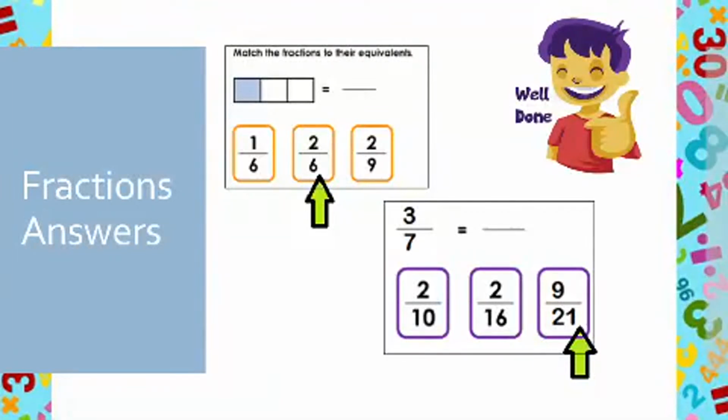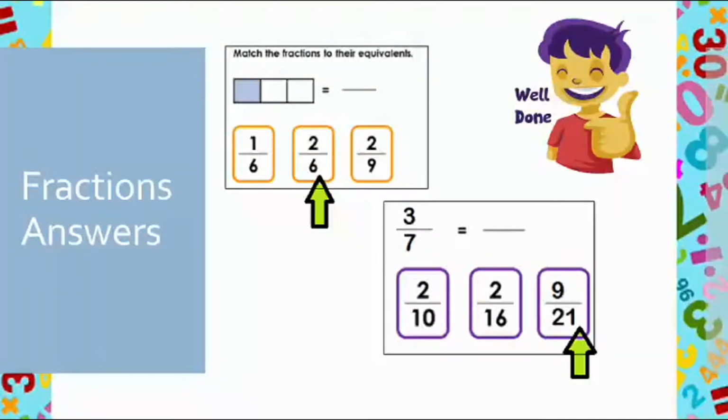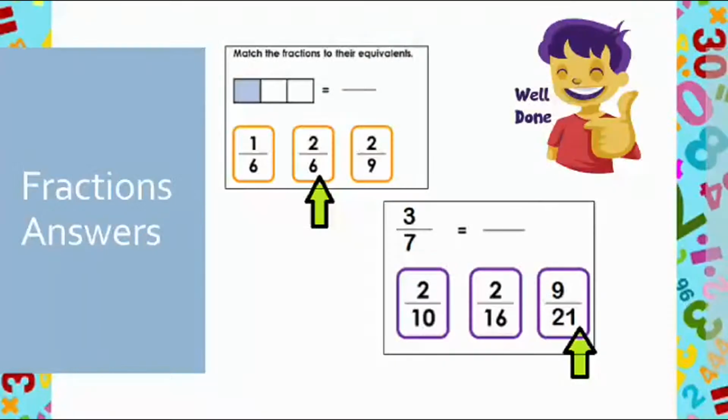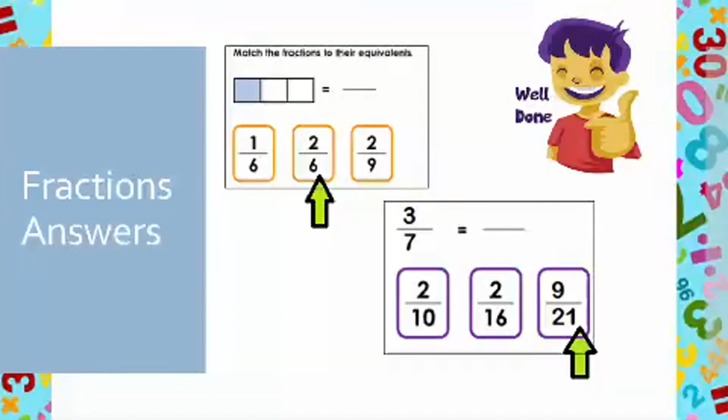So 2 upon 6 is the fraction that is equivalent to 1 upon 3, and 3 upon 7 is equivalent to 9 upon 21. 3 times 3 will be 9, and 7 times 3 will be 21. And when I will simplify 9 upon 21, I get 3 upon 7, that is why these two fractions are the equivalent fractions. If you have got your answer correct, well done, students.